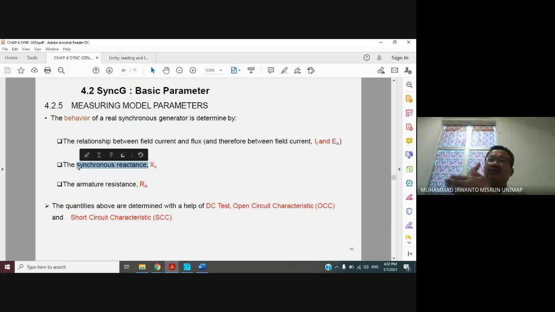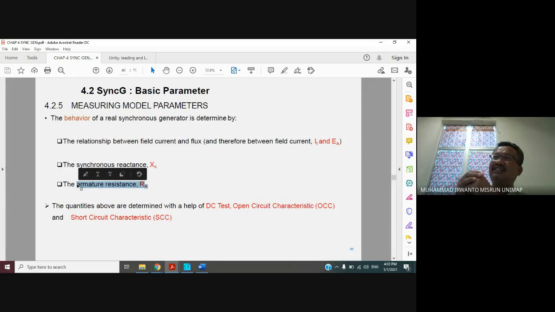After that, we can obtain XS by using the formula EA equals phase voltage minus jXS IA minus jRA IA. The last value, armature resistance, can be obtained from the DC test. Connect to the terminals and give a DC voltage source, then obtain the DC current and the DC resistance. Armature resistance for the Y connection is RDC over 2.